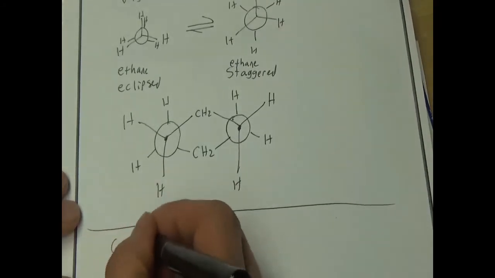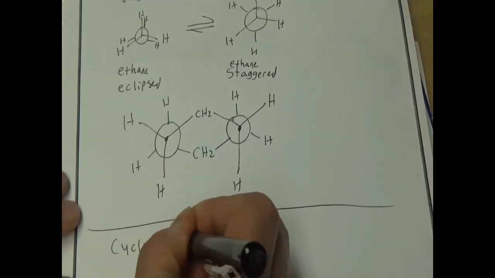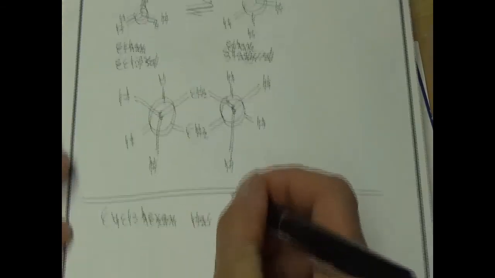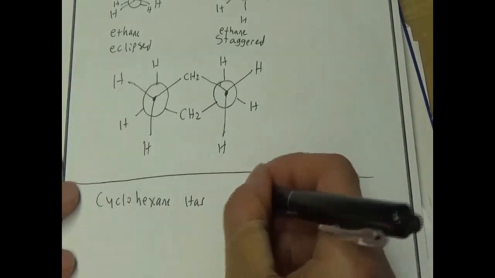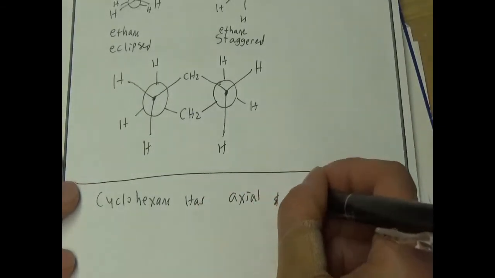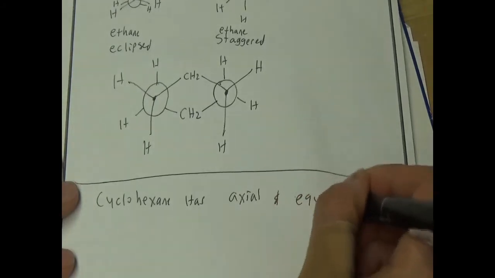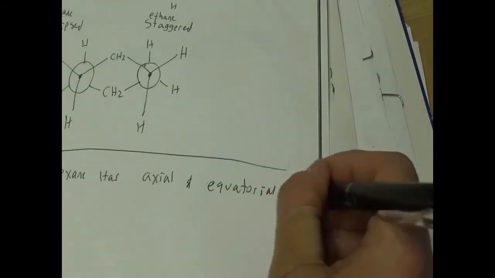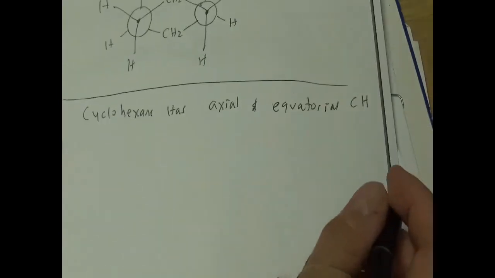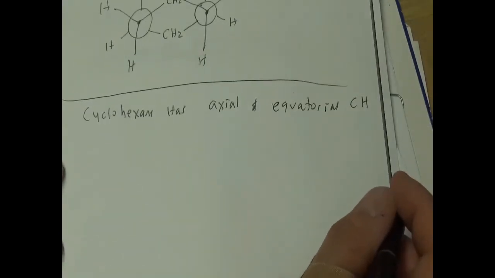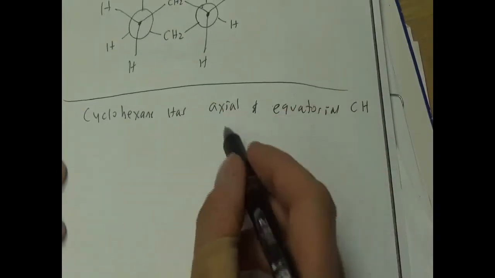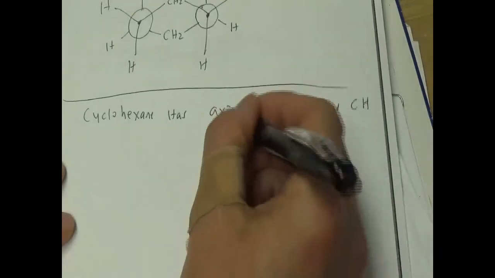We said that cyclohexane has axial and equatorial CHs, right? The axials are straight up, straight down, up and down.